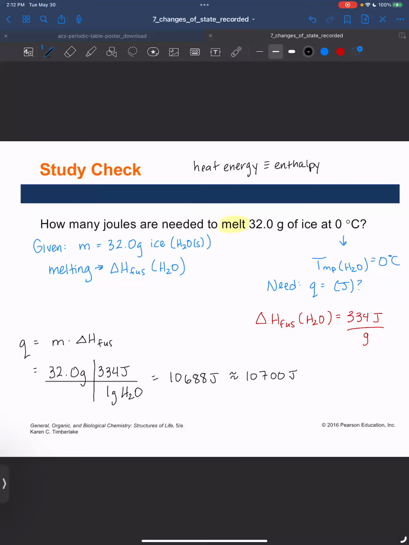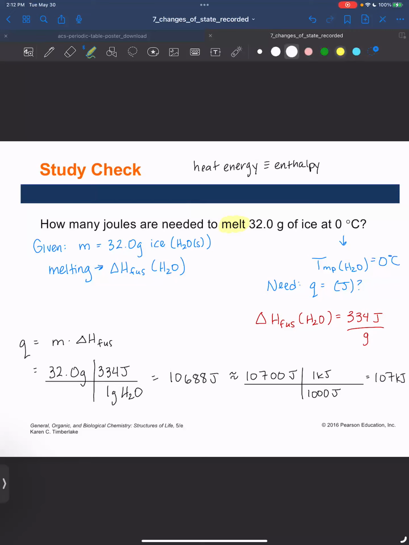Now I imagine this number is quite big, so even though it wasn't asked here, a lot of times we will report these larger values in kilojoules. And so you may simply need to convert that there are 1,000 joules in 1 kilojoule. And so this is 107 kilojoules.